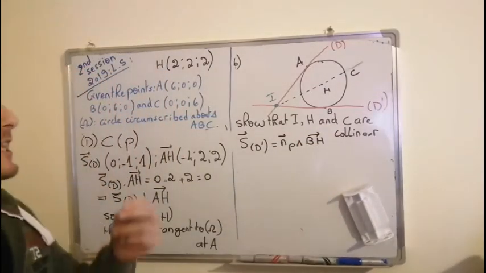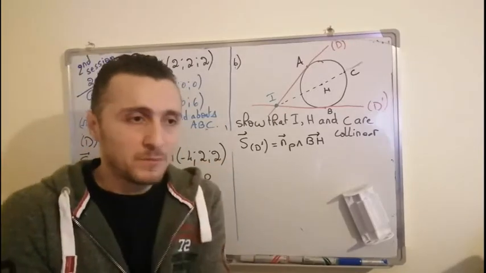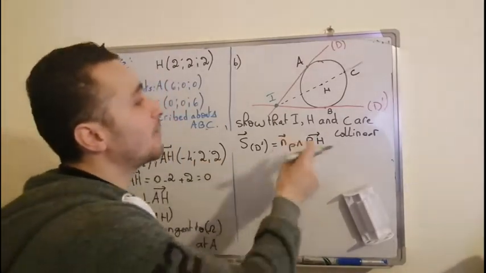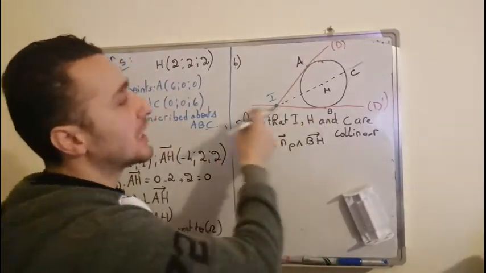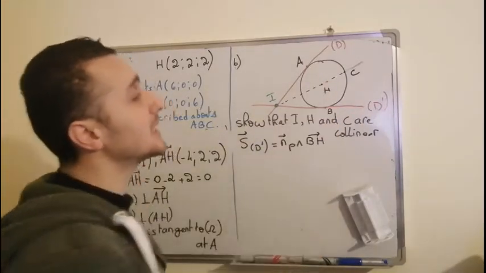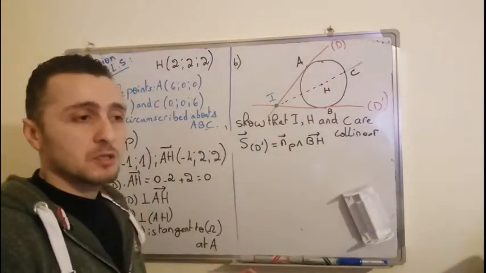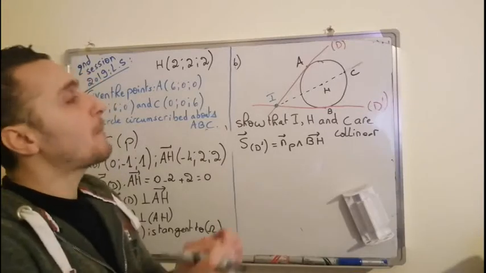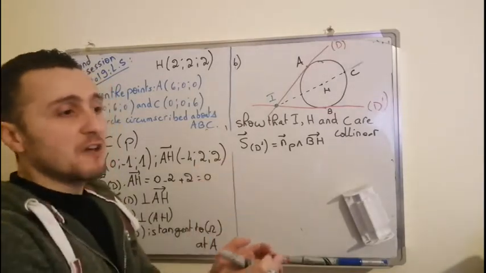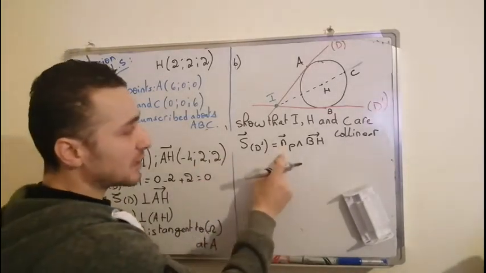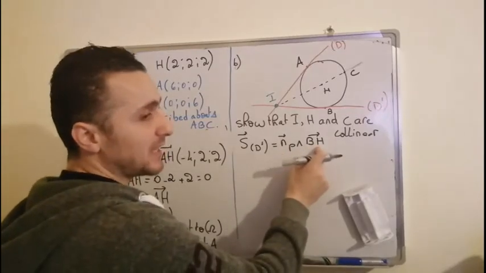The line D prime is tangent to the circle gamma at point B, so the line D prime is perpendicular to BH. I want a vector perpendicular to BH, so I take the normal vector of P vector product BH.